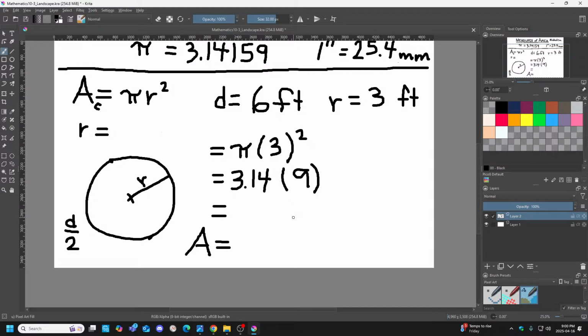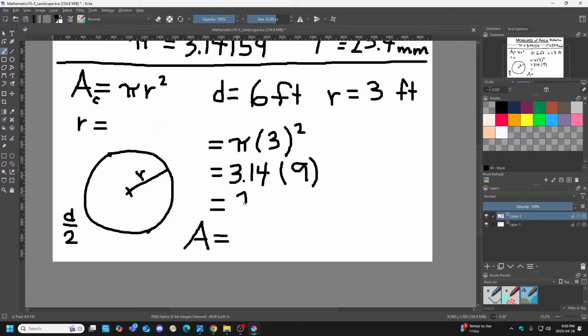And you can also do the same thing for inches if you wanted to convert it, right? Okay, so I'm just going to go 9 times second function, pi, enter. And I get 28.27. I mean, there's a lot more digits, but that's all I'm going to write.